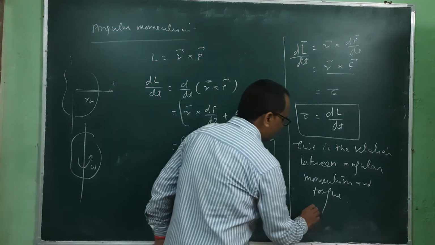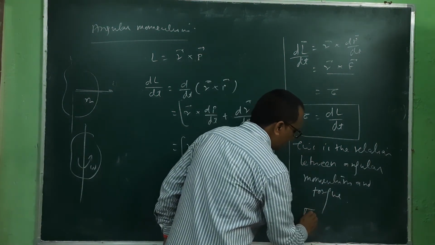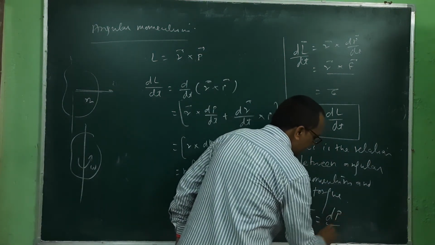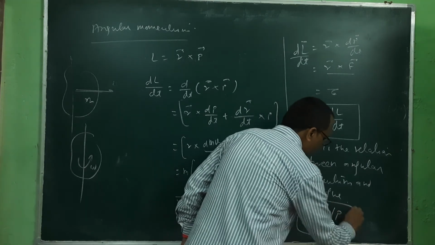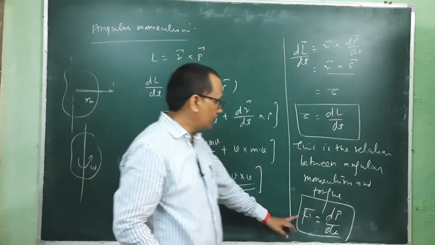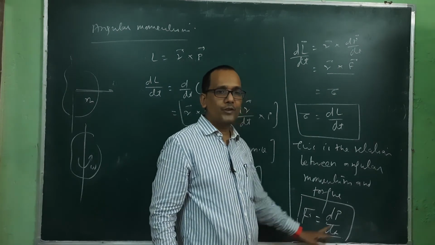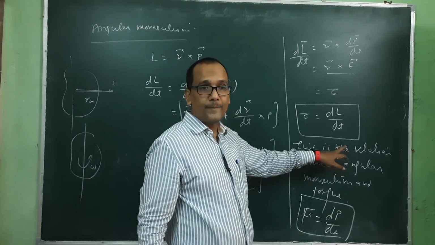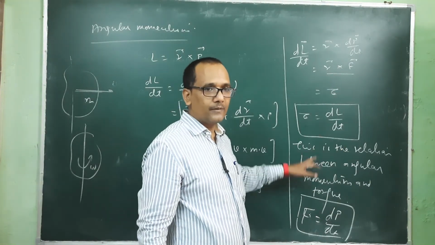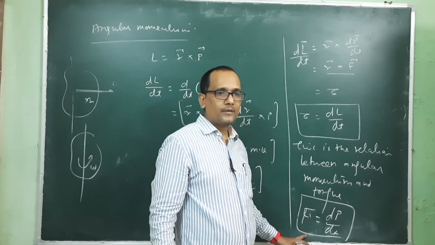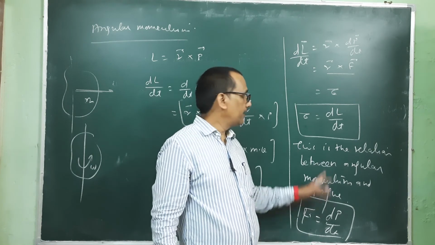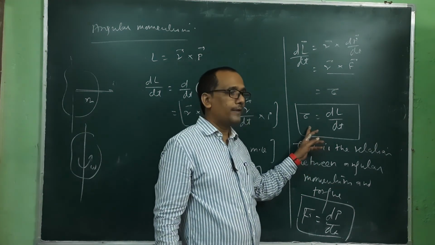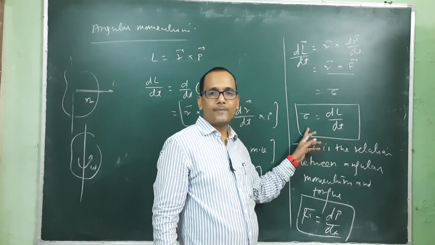From Newton's second law of motion, force is defined as the rate of change of momentum, so force is equal to dp by dt. Here torque tau is dL by dt. Further we will compare torque with force. In linear motion force is taken, and in rotational motion it is replaced by torque tau.